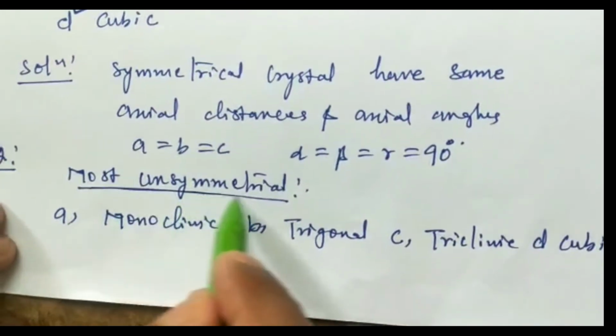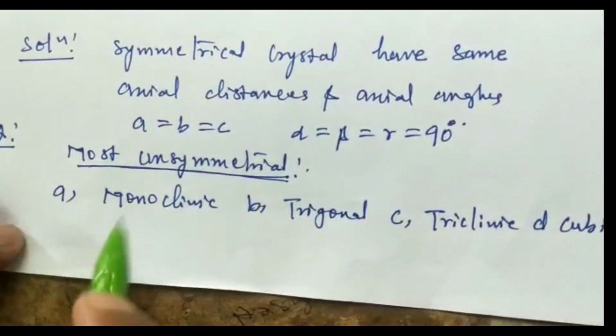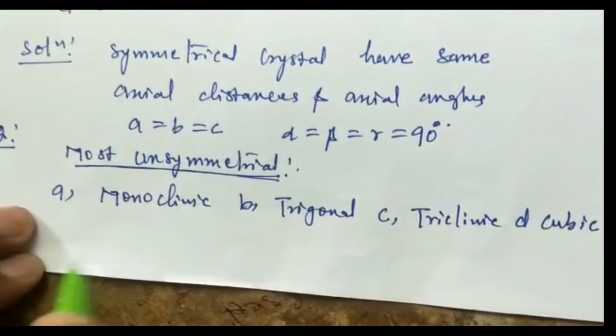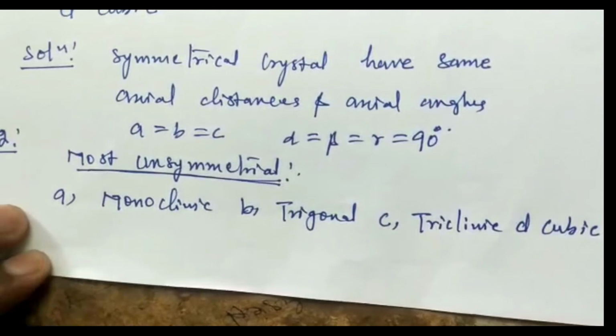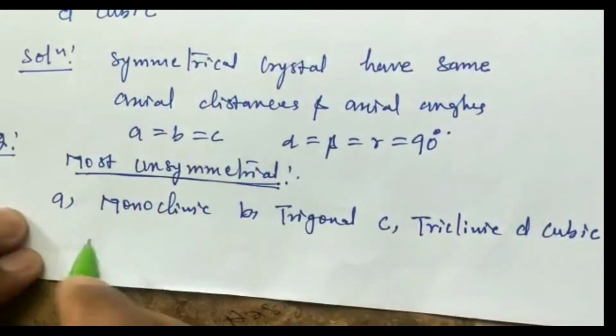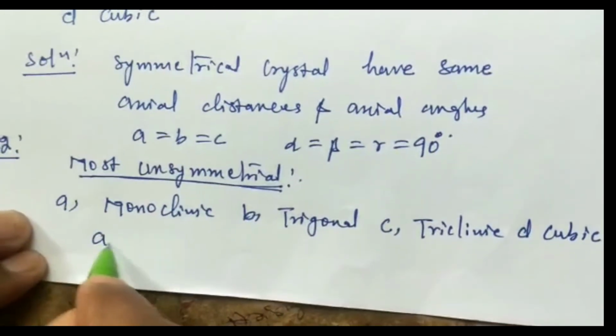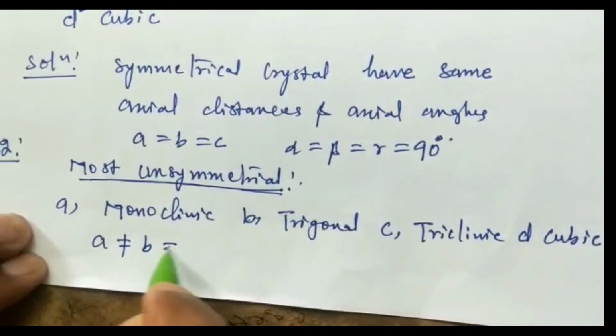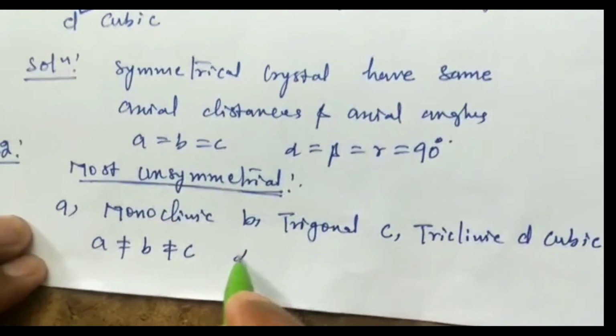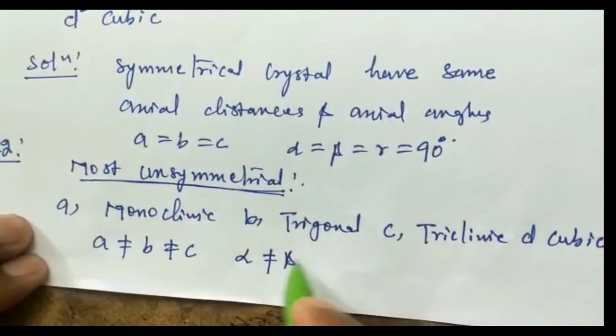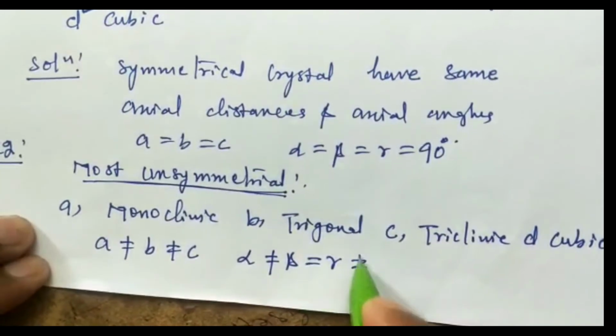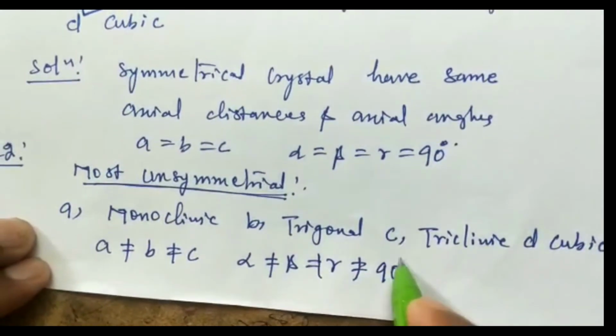What are they asking in the given question? Most unsymmetrical. The most unsymmetrical system has axial distances that are not equal, so a is not equal to b is not equal to c, and alpha is not equal to beta is not equal to gamma is not equal to 90 degrees.